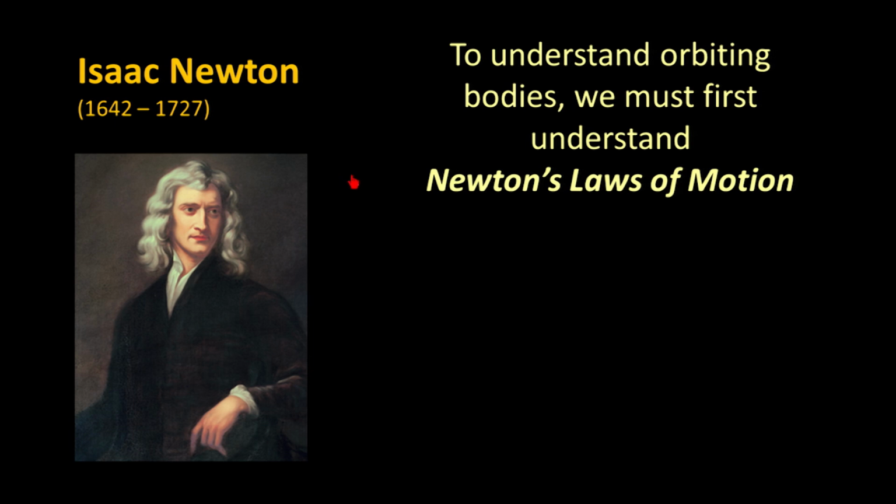Very, very famous individual. Now, he had a tremendous body of work, which is really what we call physics today, and we will only focus on one area of his work, and that has to do with the concept of orbital mechanics. And to understand orbital mechanics, what it means for one object to orbit another body, we have to first talk about Newton's three laws of motion.